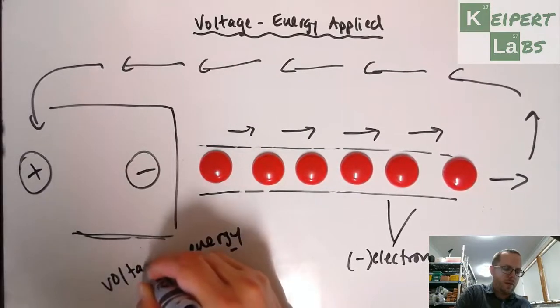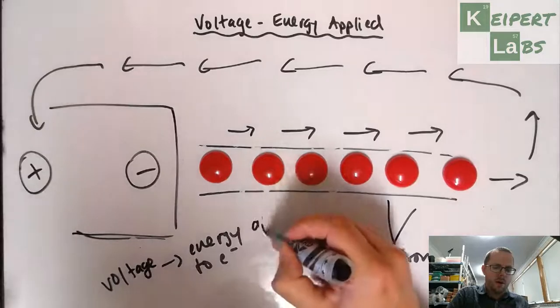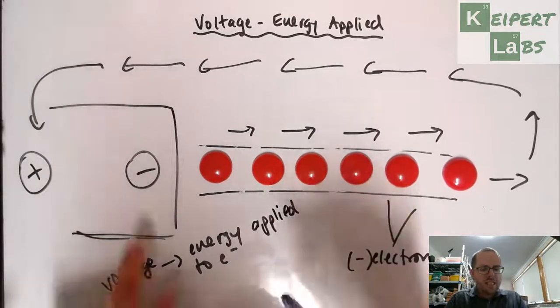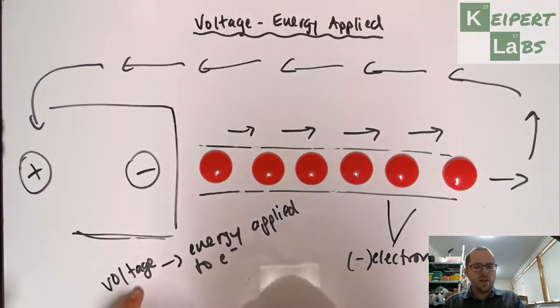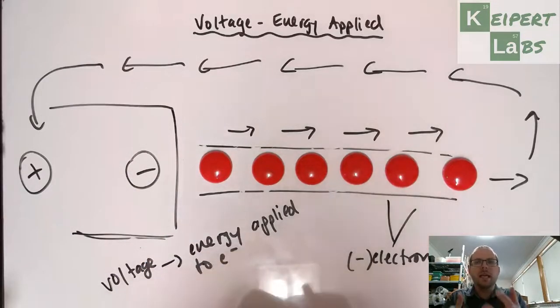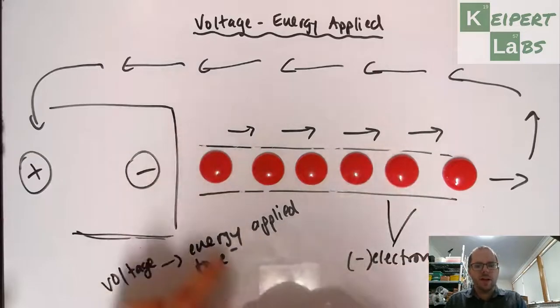So voltage, the word we use to describe how much of this pushing force is going on, is the amount of energy that's applied or given to the electrons in that circuit.